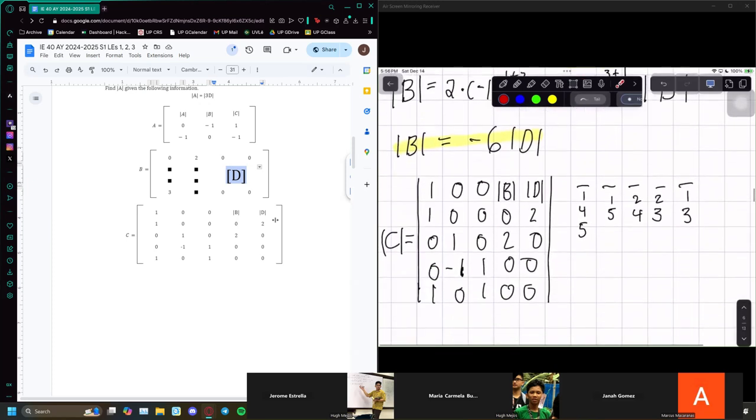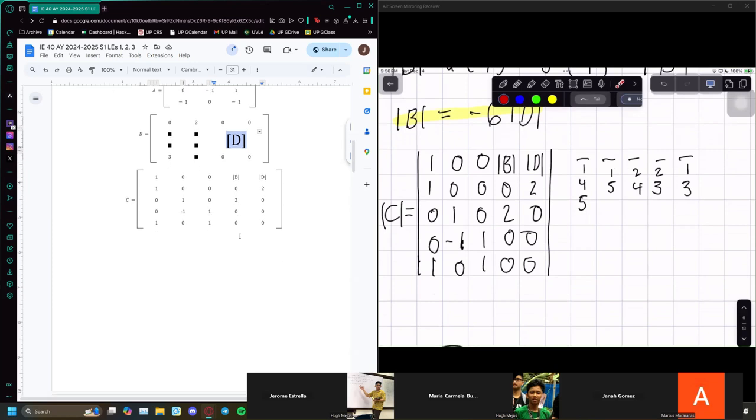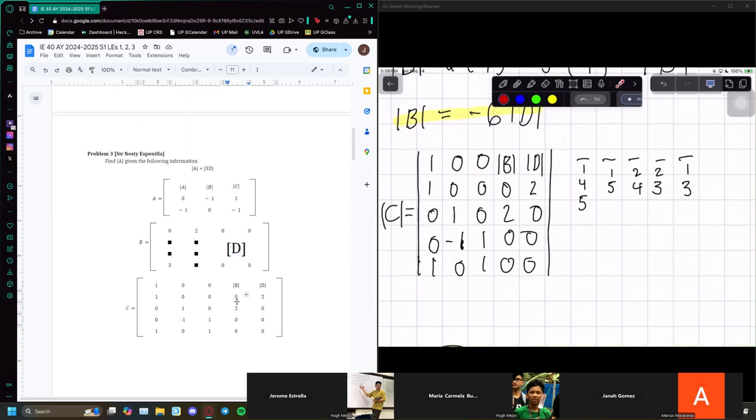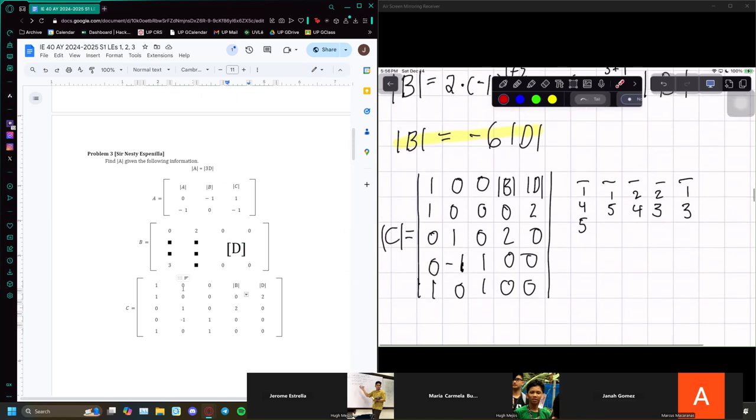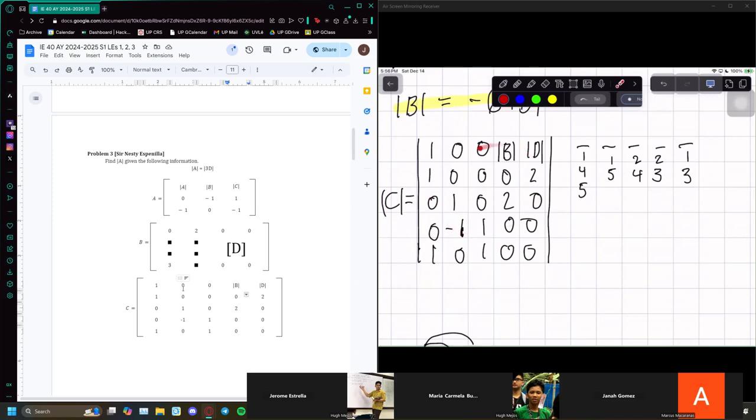the determinant of D. And moving on to the next clue, since we were able to get an equation already, our next clue is the C matrix. So it's this thing, and the first thing you do is check if there's any row where everything is zero or everything is zero except one.